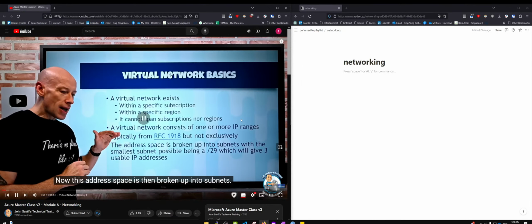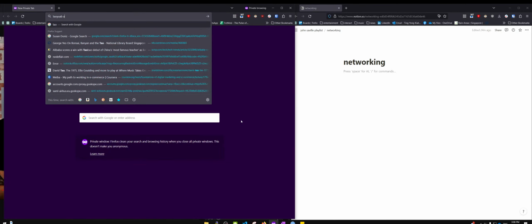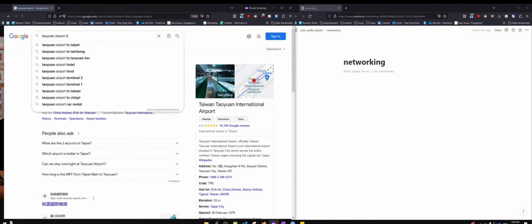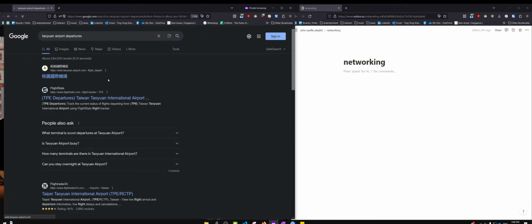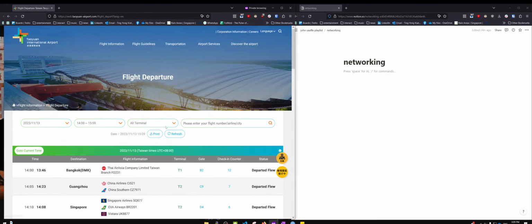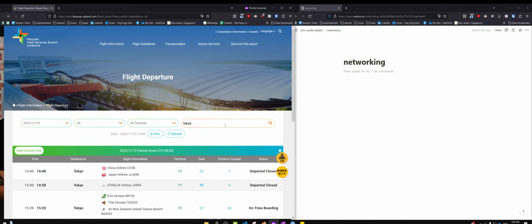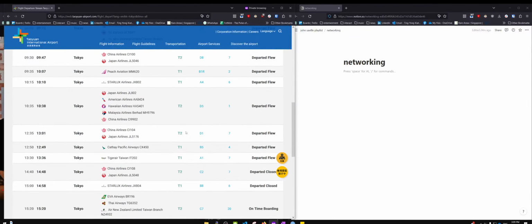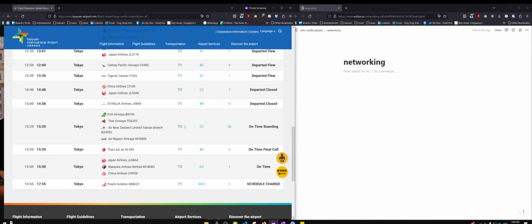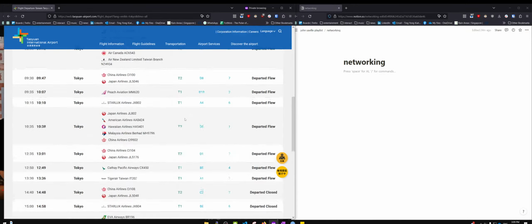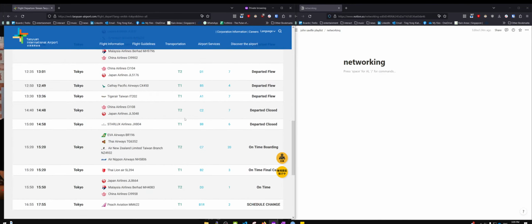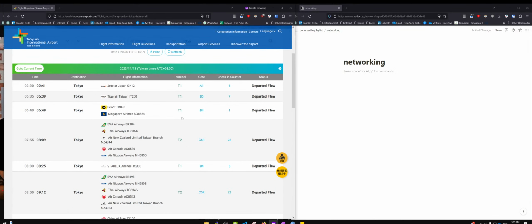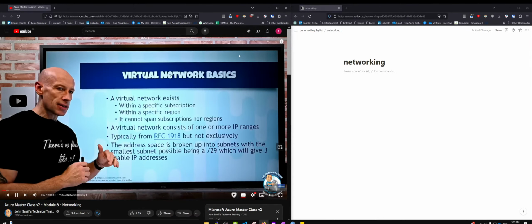Now, this address space is then broken up into subnets, just like we would a regular network.